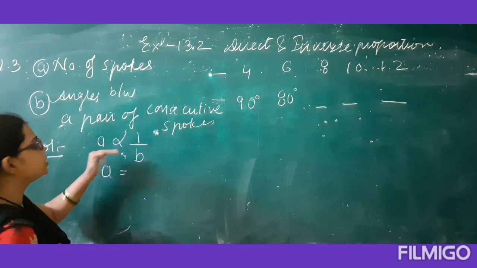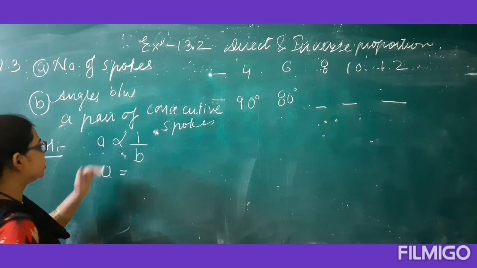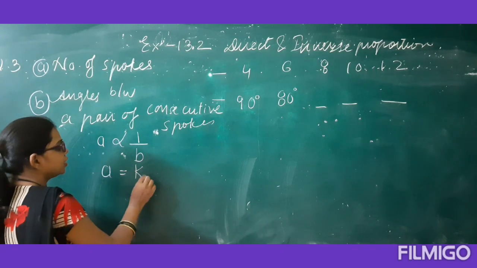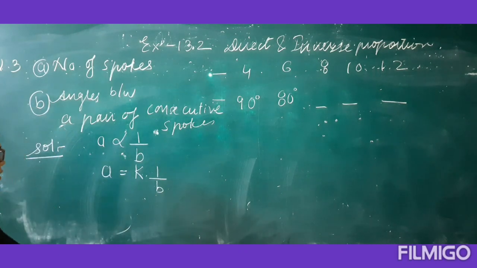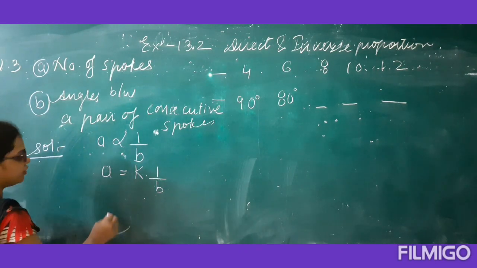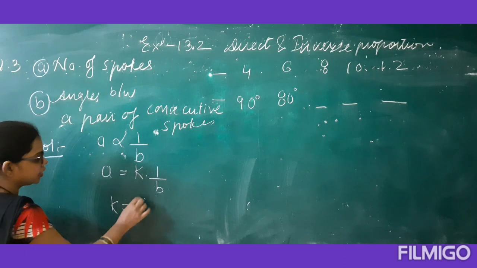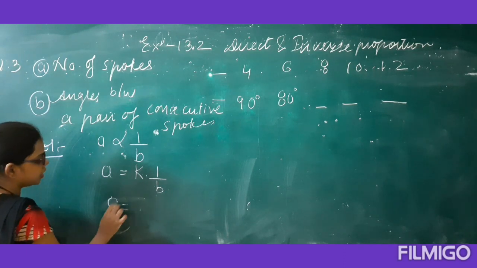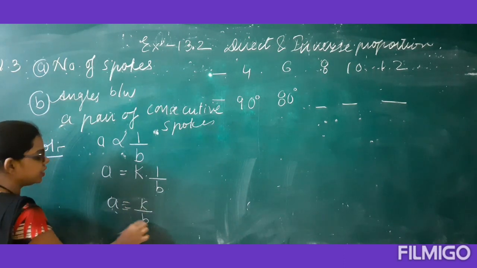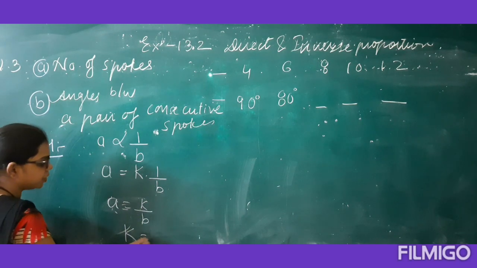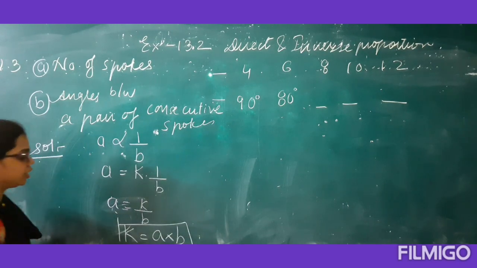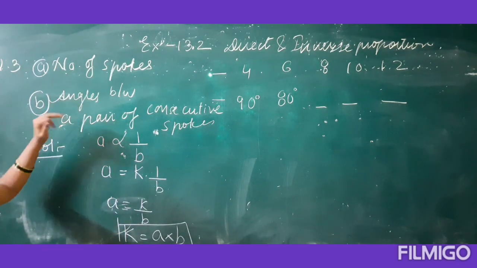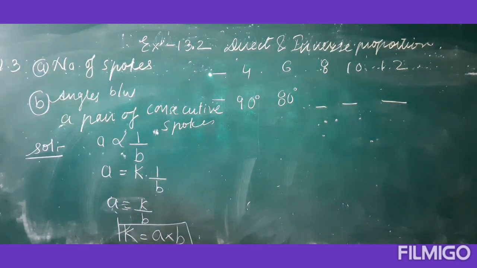If I have to remove this proportional sign, I will write a constant k and 1 by b here. So from here, A equals k by b. So if I have to find the value of k, this will be equal to a into b. Okay, a is the number of spokes and b is the angle here.